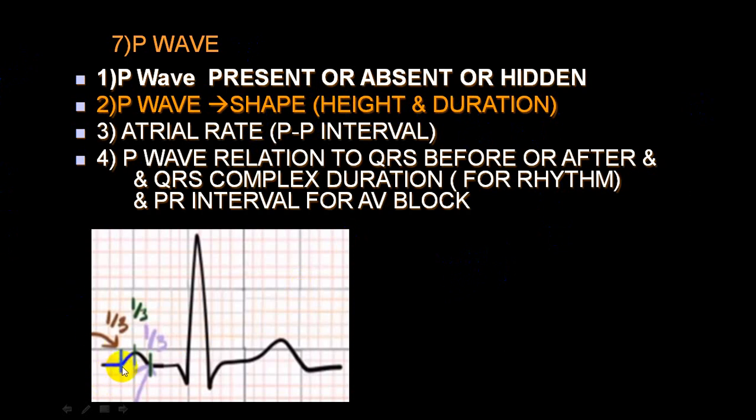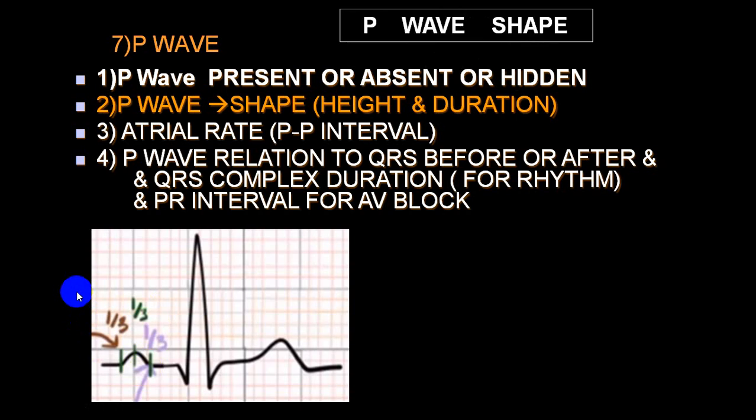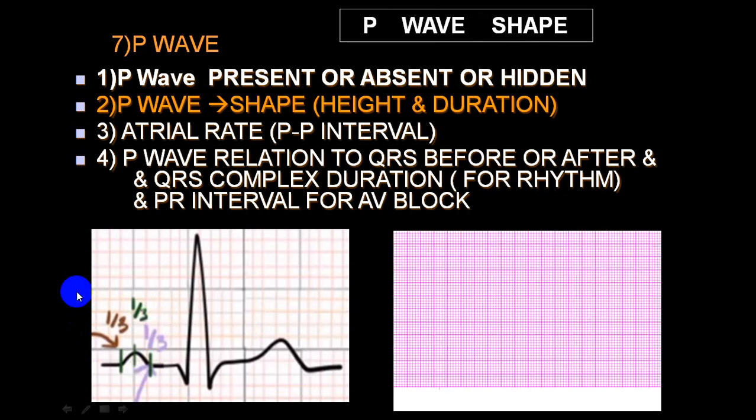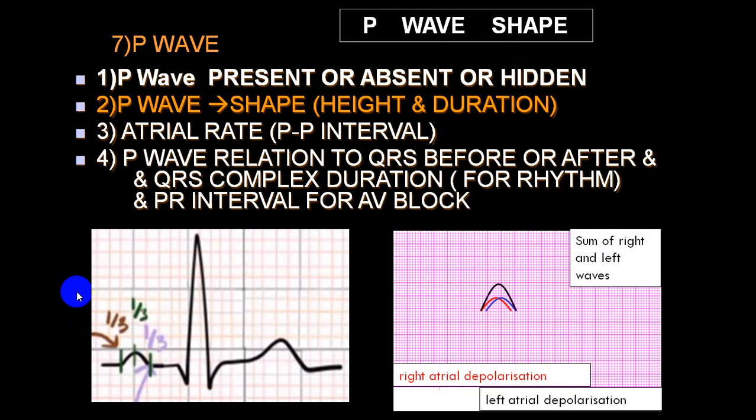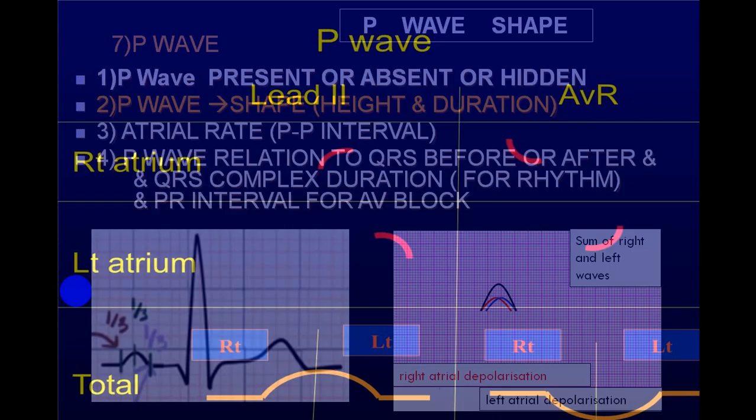We already told you that the first one third is by the right atrium, the middle one third is by both right and left atrium, and the last one third is by the left atrium. If you roughly see this, this is right atrium, this is left atrium, and when combined together, this becomes a single wave. We call it a P wave.